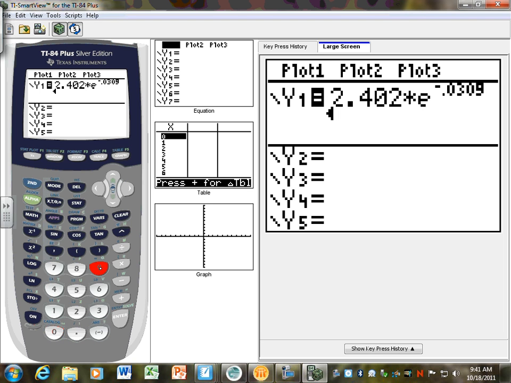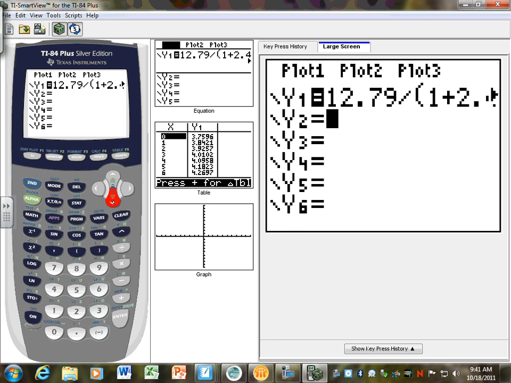And I have to use X because I'm graphing it. It's not going to graph T. Close the parentheses. Okay.